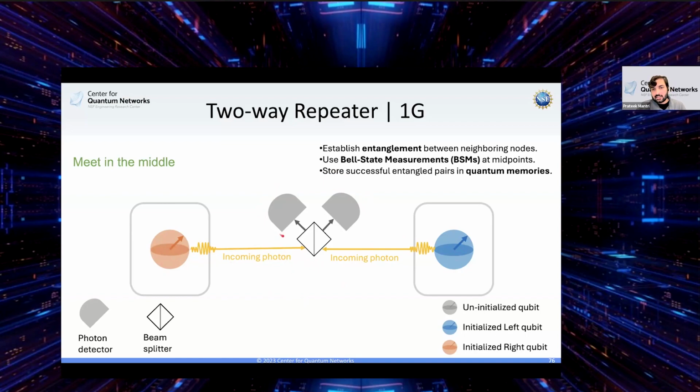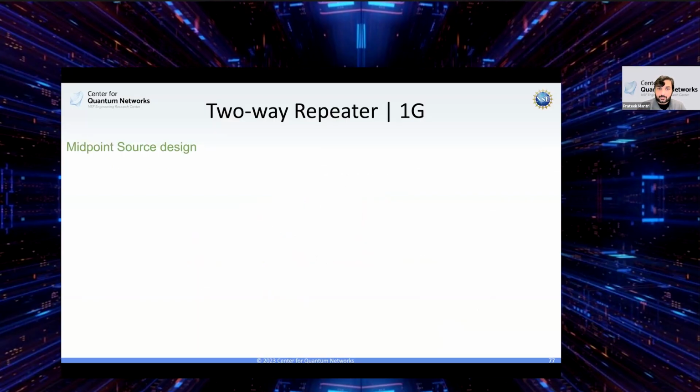If we get the correct detect patterns, we get an entanglement established between these two. This is also called the meet in the middle design, since we are sending these photons to meet in the middle. And as I mentioned before, this requires quantum memories.